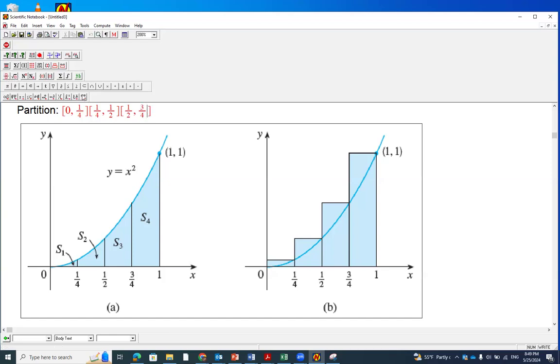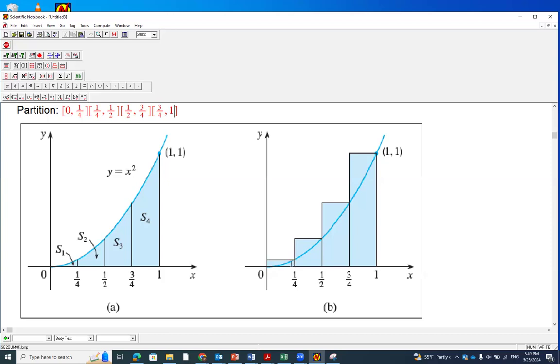And the last one is 3/4 to 1. Okay, on each one of these intervals, we are going to use a rectangle to approximate the area of the curve.